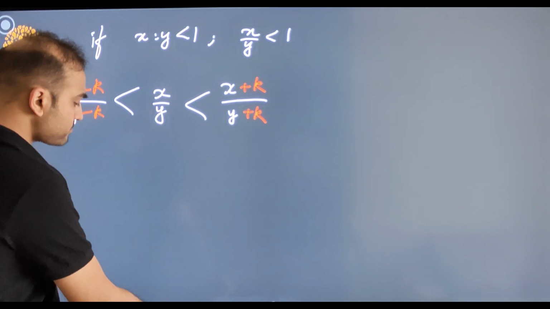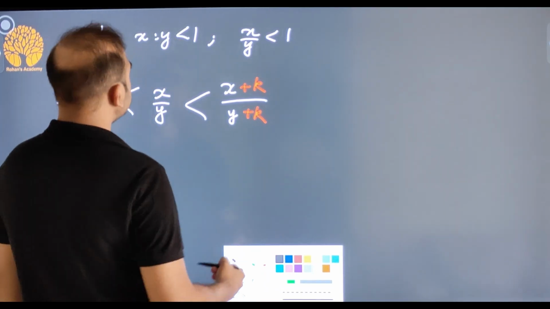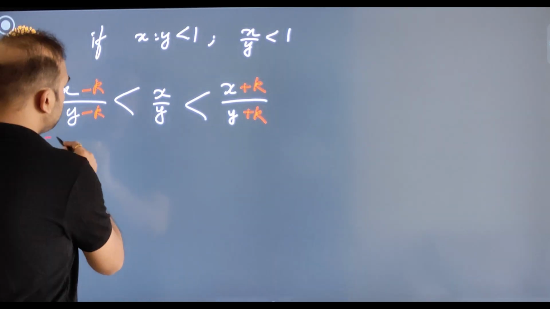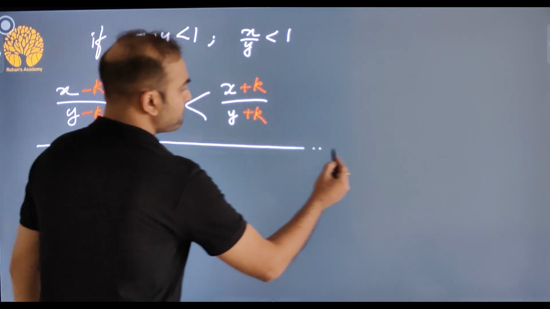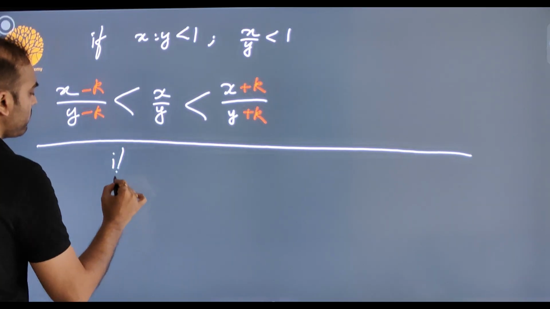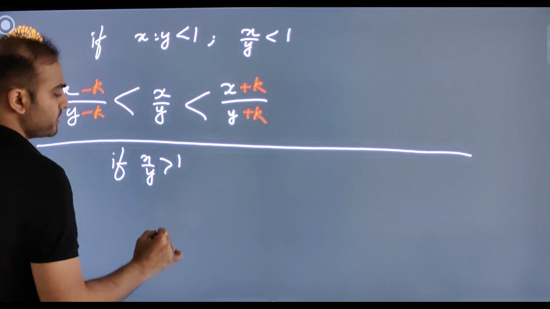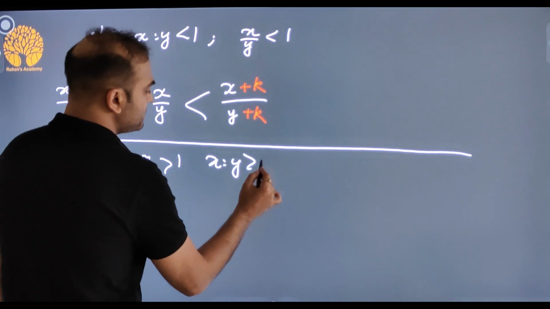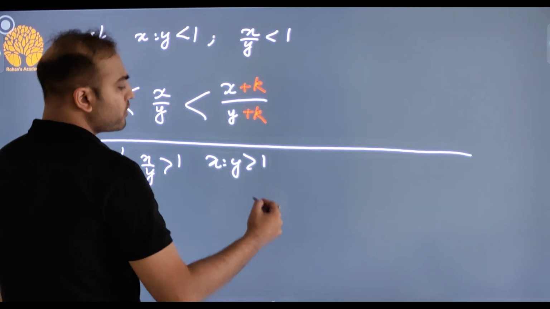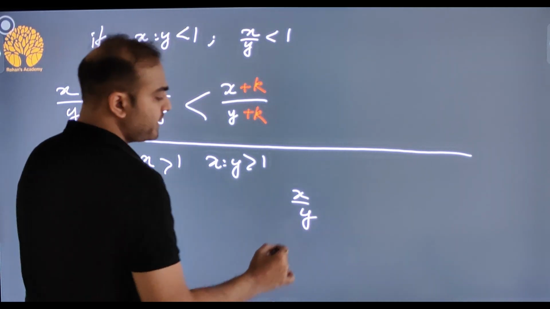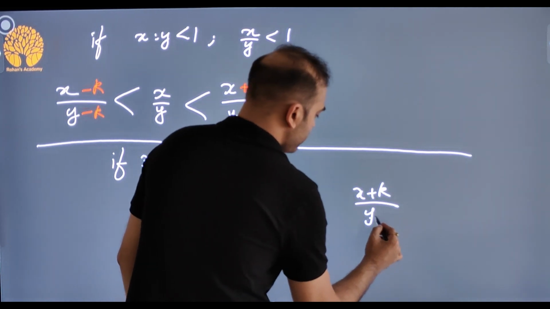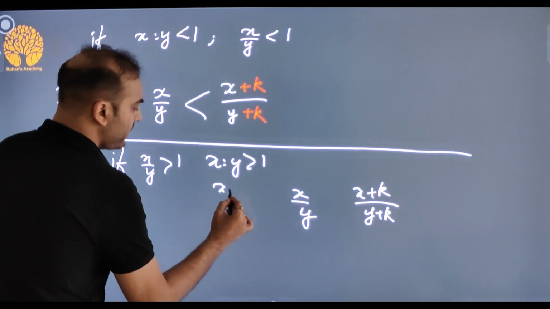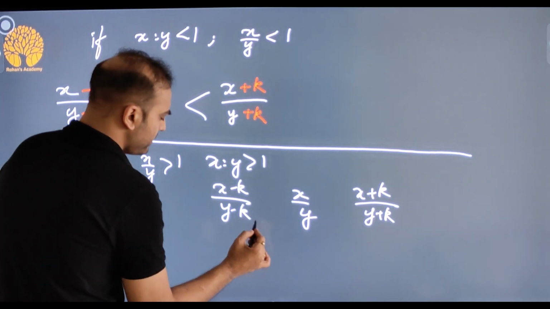Similarly, if you understand this, then you can easily understand the reverse of this. If x by y is greater than 1, think what will be the relationship between x plus k, y plus k, x minus k, y minus k.